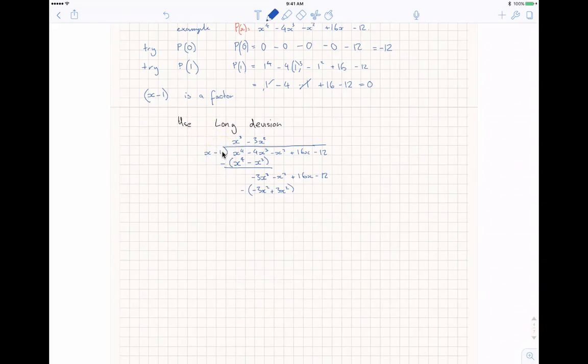And we subtract. Minus 3x cubed minus a minus 3x cubed is 0, which is what we wanted. Minus x squared minus 3x squared is minus 4x squared. And bringing the other terms down.